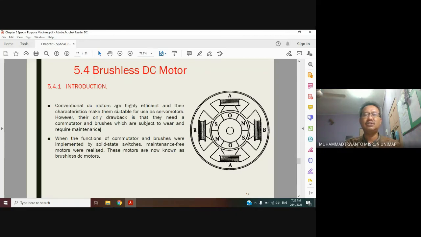So this DC motor is without brushes, or brushless. When the functions of the commutator and brushes were implemented by solid state switches, a maintenance-free motor was released. These motors are now known as brushless DC motors.